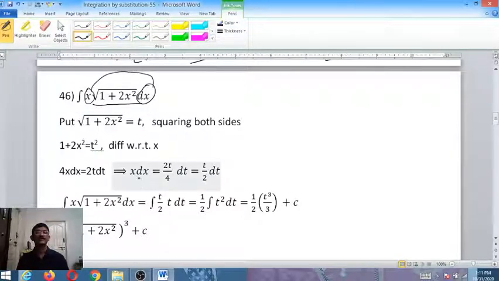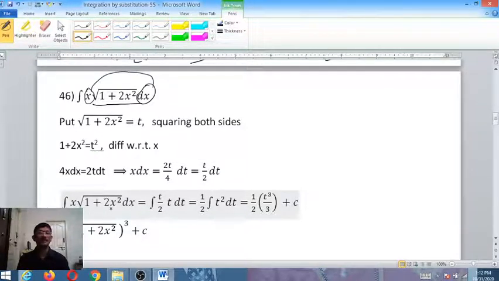So that x dx will be 2t divided by 4, or t by 2 into dt. Now look here. Root of 1 plus 2x square is t. Again x dx will be t by 2 into dt. So it is t by 2.